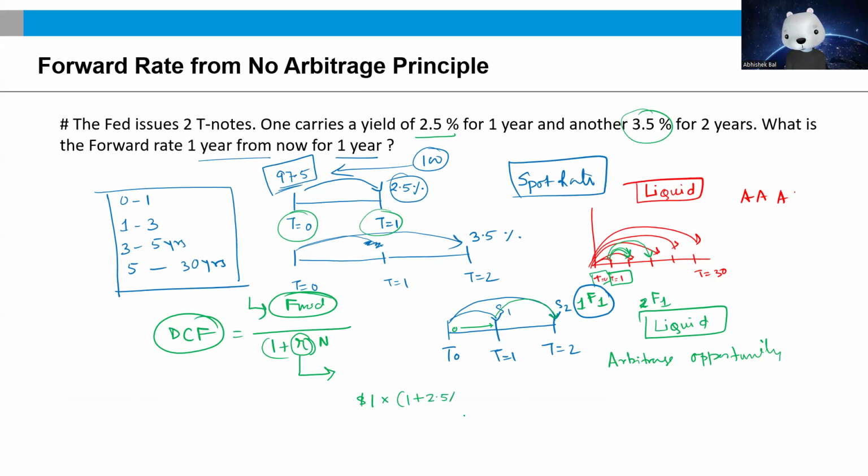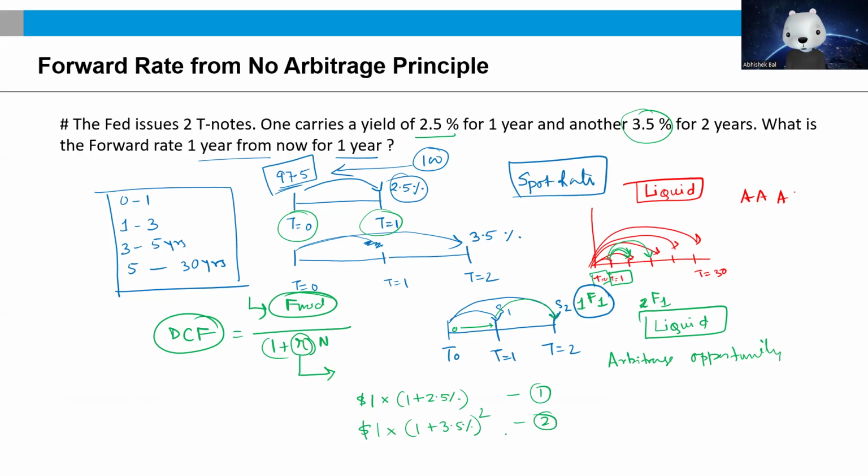All right. So that's number one. And if I invest into the security number two, that's obviously going to yield me 1 plus 3.5%, but it's being compounded for a couple of years because it's going to mature 2 years down the line.